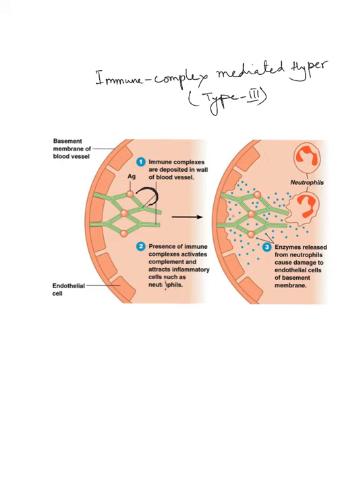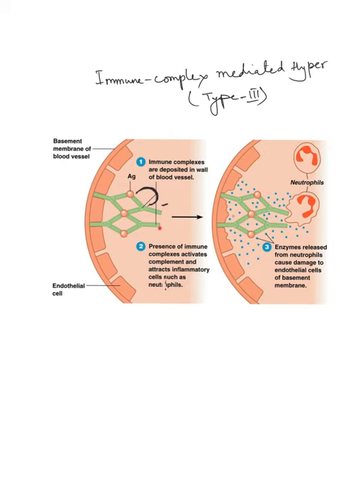But in some cases, these complexes are formed in huge numbers, and when they are formed in huge numbers, the phagocytes cannot remove them from the circulation or from the site of their deposition.